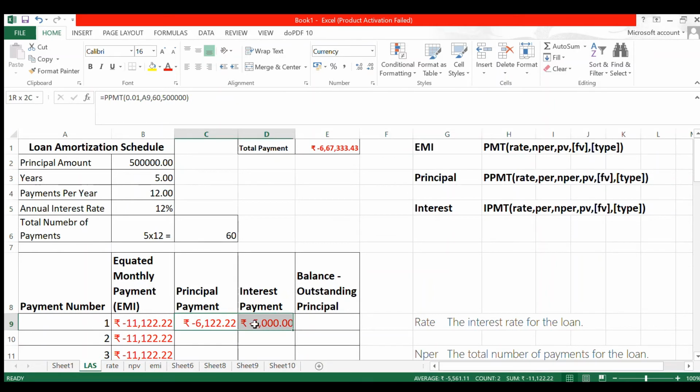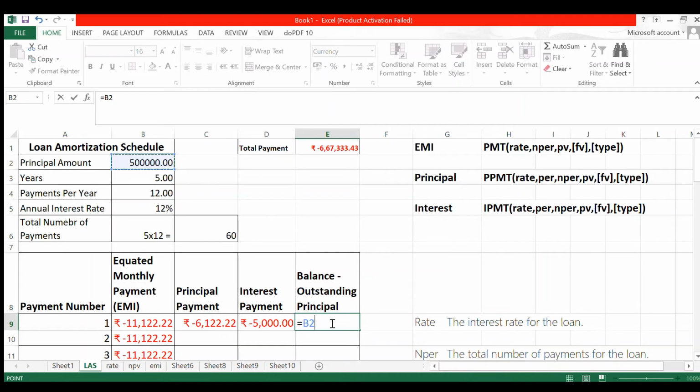So when we consider both these payments, principal payment and interest payment, we can see over here in the right corner that 11,122 is the sum. So what will be the outstanding principal balance amount? From this 5 lakh rupees, we have paid 6,122.